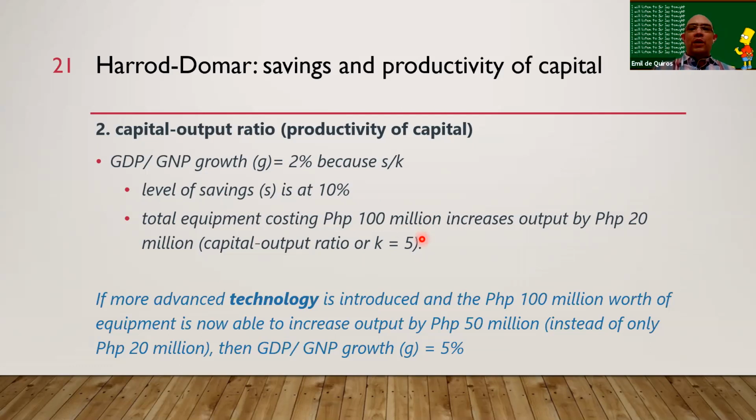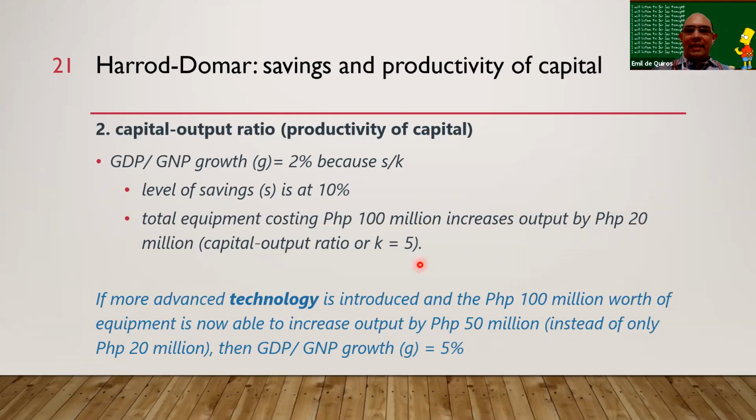Let's say that 100 million is more efficient and it's more high tech, more technologically advanced. What if that 100 million does not just increase output by 20 million?